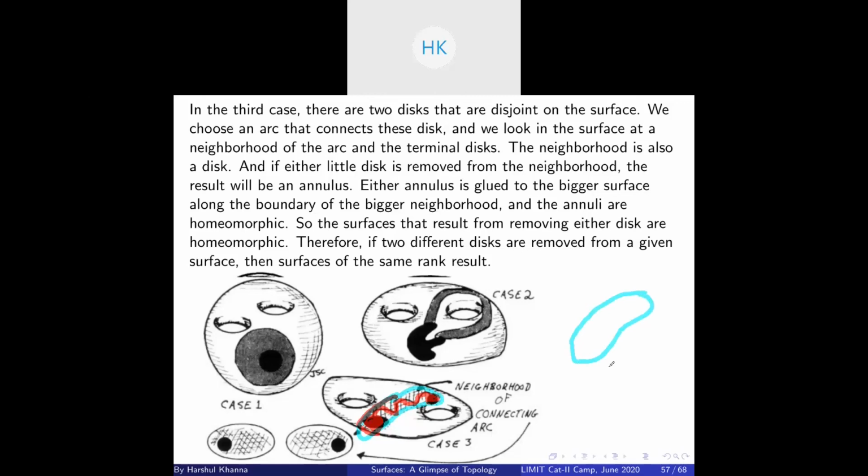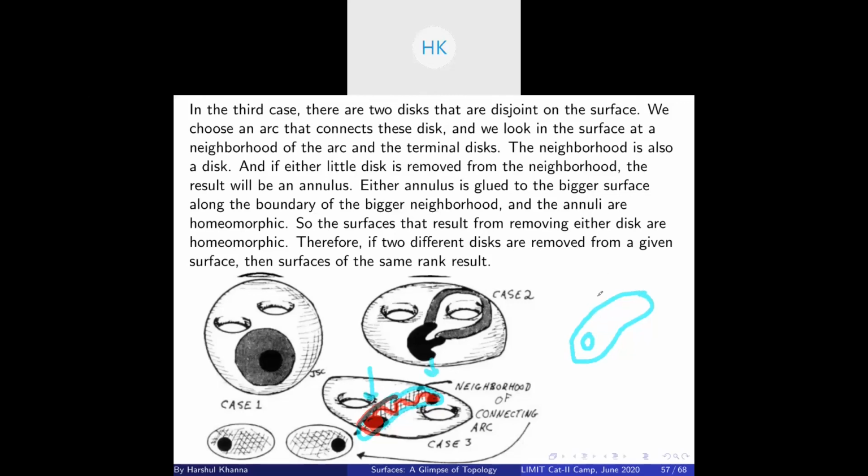You remove it, you have to attach it back later on. So essentially if you remove any of the disks here, you will get an annulus, right? Suppose I remove this disk, I'll get an annulus. Suppose I remove this disk, I'll get an annulus. That is the surface I removed, right?